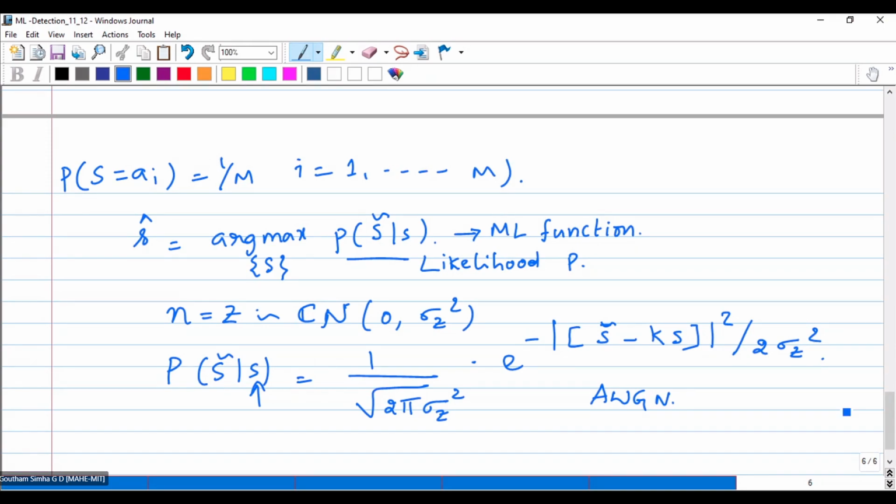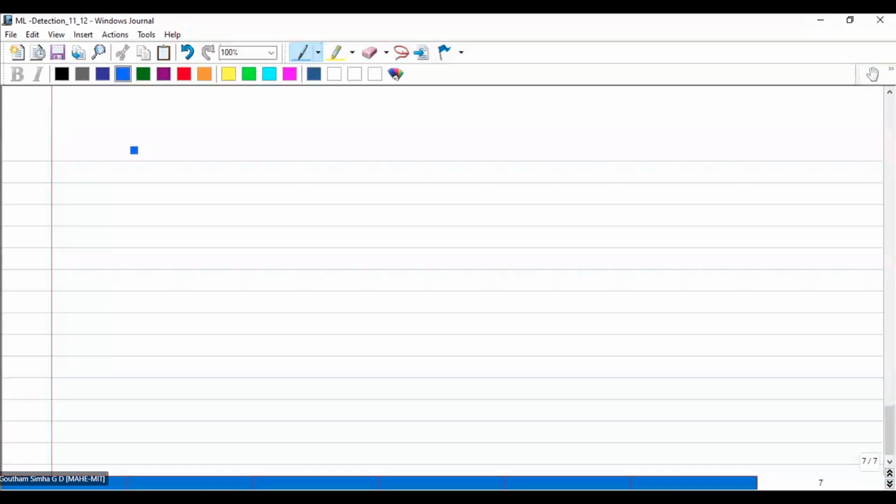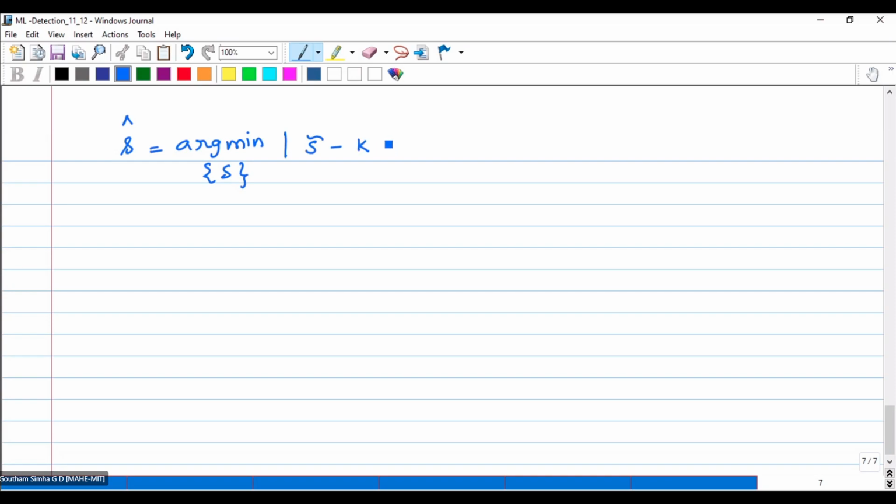That's all. So I would like to write this in terms of S tilde or S cap as argmin given S of norm of S tilde minus Ks, norm square.